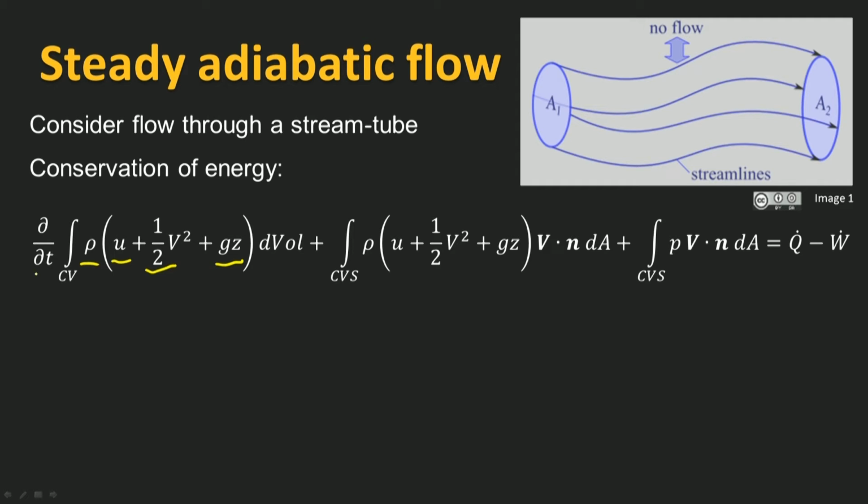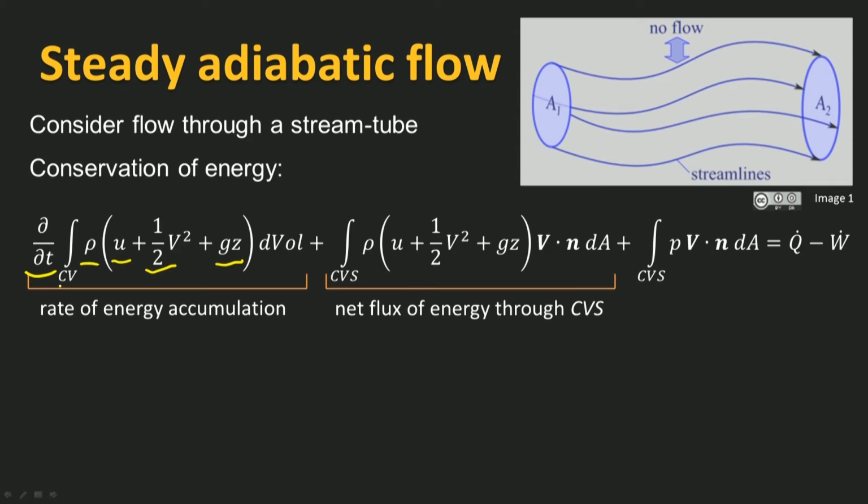If we take the time derivative of this, then what we end up with is the rate of energy accumulation within our stream tube. The second term is the net flux of that energy through the control volume surface. Next, we have the work that's done by the pressure and the net heat transfer to and work output from the control volume. For this stream tube, we can make a number of simplifications to this equation.